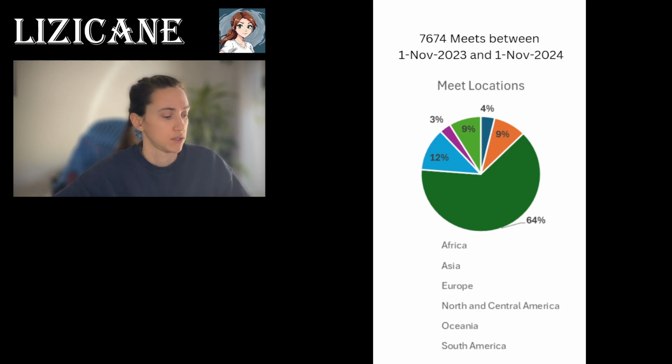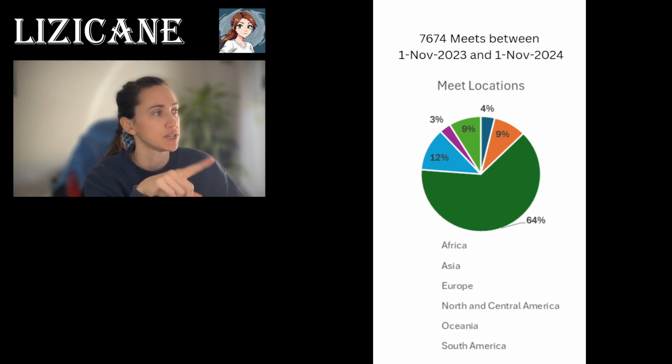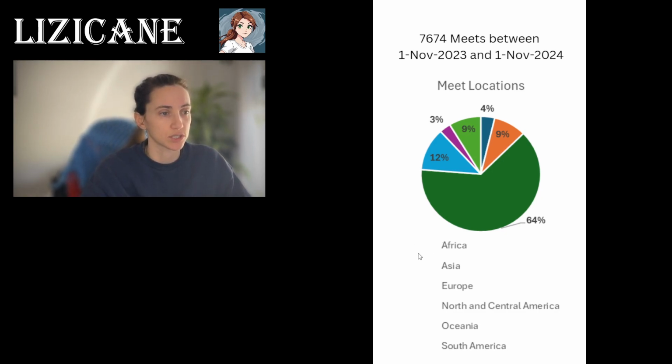So, there we go. What I'm finding here is that for the meet locations, 64% of them are in one spot. And yes, I haven't finished out the legend yet, right? There's no colors associated over here. But I wanted to show you that there is one of these locations that happens to have well over half of the meets in the entire world.